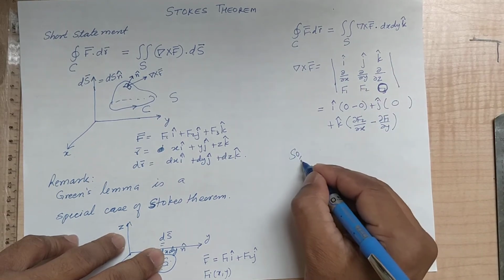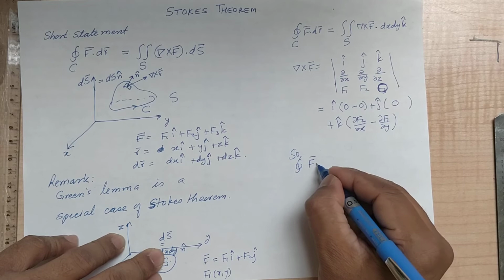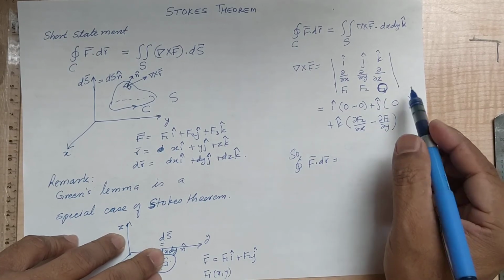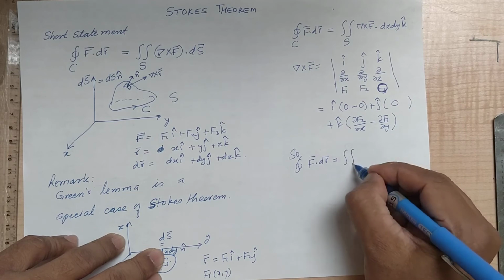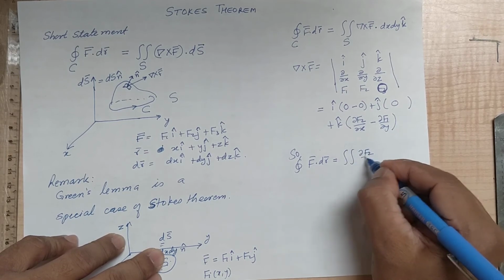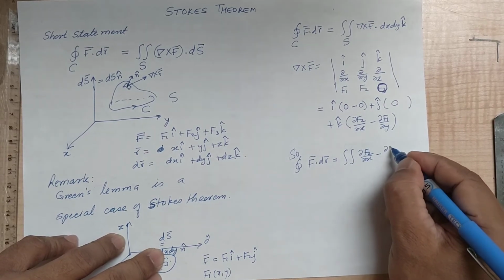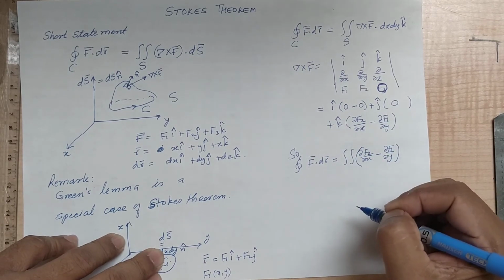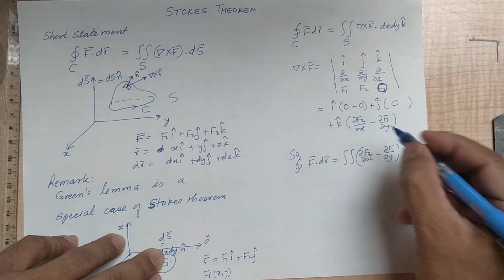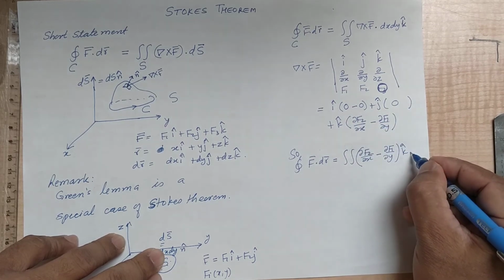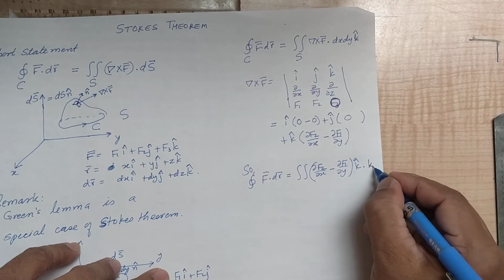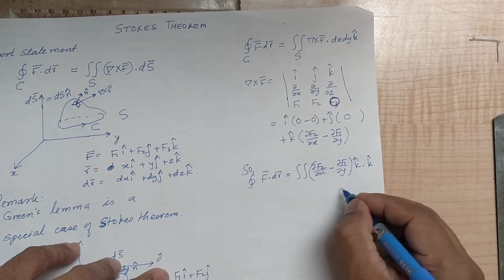So integral F bar dot dr bar is equal to the integral of the partial of F2 with respect to x minus the partial of F1 with respect to y. Okay, that's the curl with direction k, and dotted with k dx dy.